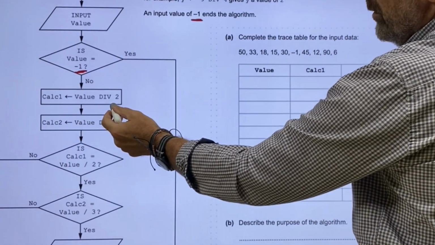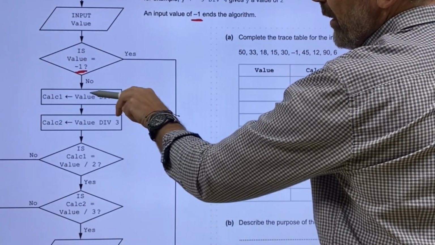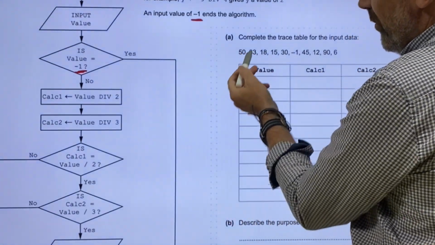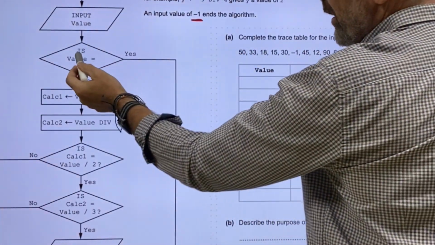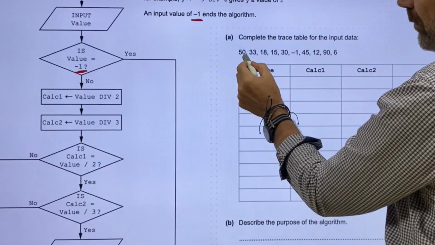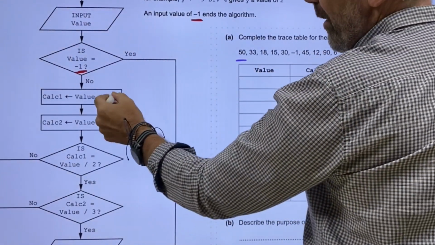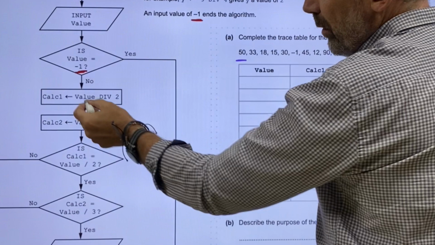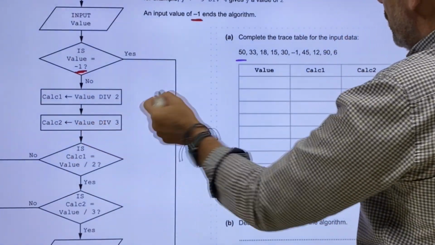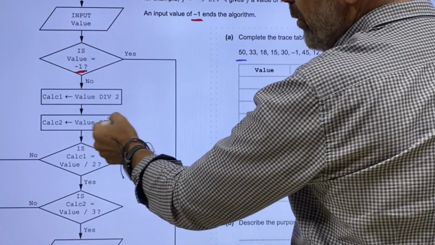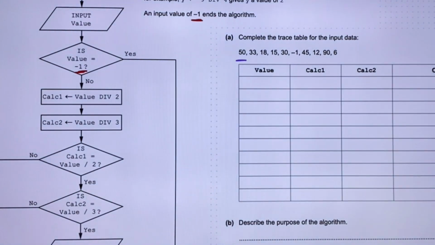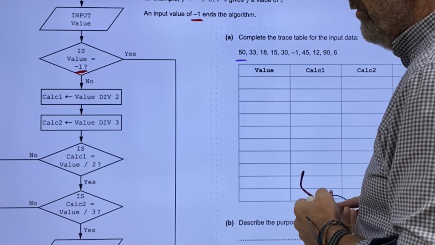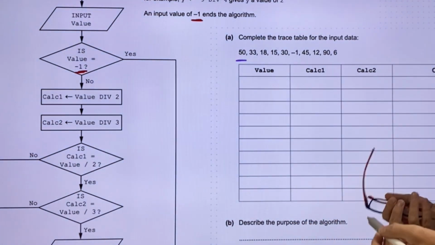Calc 1 has been assigned a value, whatever the input value is, divided by 2. Calc 2 is the value divided by 3. So we're going to have to get our heads around dividing stuff by 2 and dividing stuff by 3.